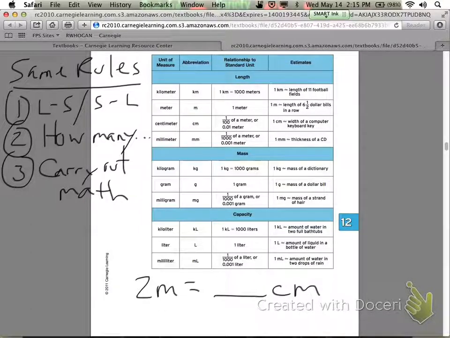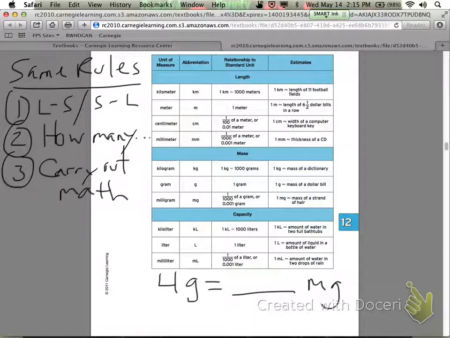Meters are larger than centimeters, so I know that I'm going to be multiplying. The next question you ask yourself, how many centimeters are in 1 meter? It would be 100 centimeters in 1 meter if you refer back to your conversion factors. So I'm taking 100 times 2, which is going to give me an answer of 200 centimeters.